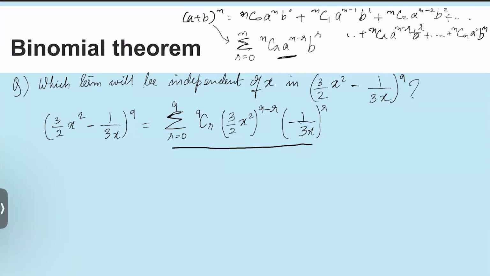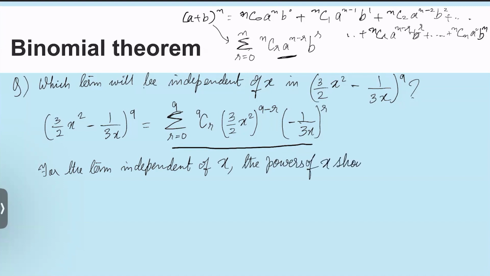Now for the term independent of x, the sum of the powers of x should be 0.